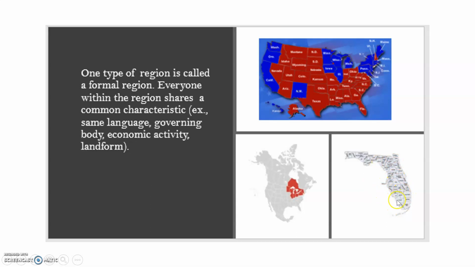We have the 67 counties of Florida, with specific boundaries with lines. When you leave a county, you know it because you'll have a sign welcoming you to the next one. Here's another example of a political region, showing the states that voted Republican and the states that voted Democrat. They're very formal, they have strict boundaries, and those boundaries are not disputed, they're just understood to be.